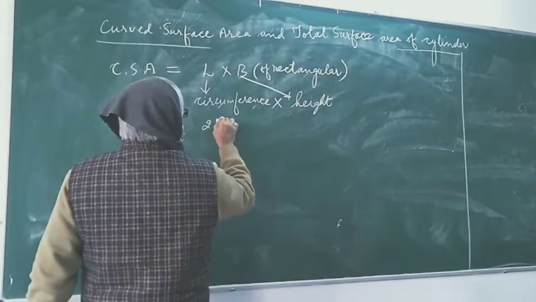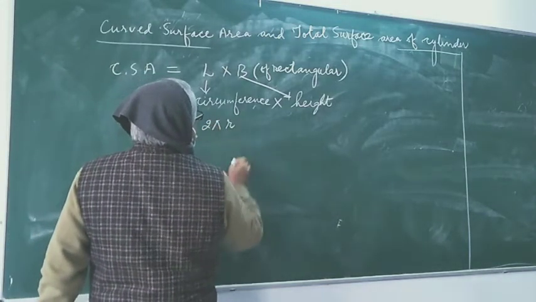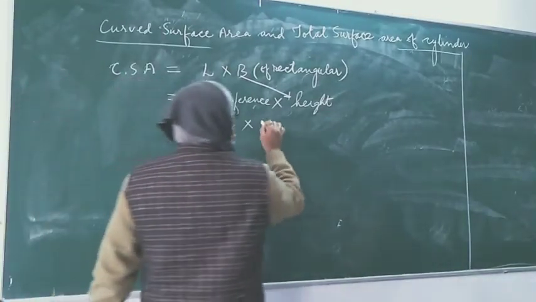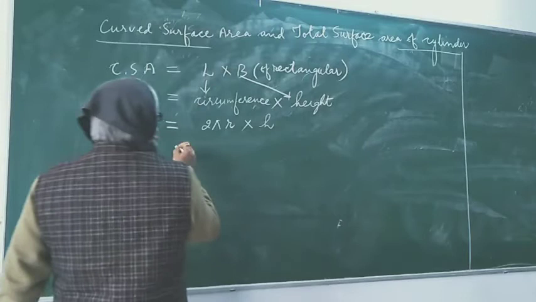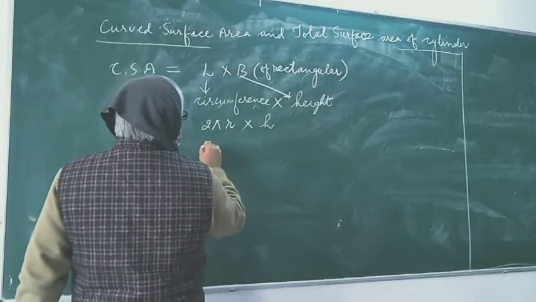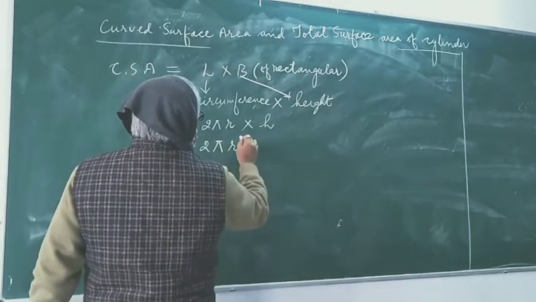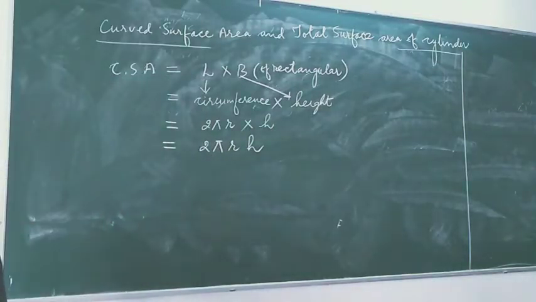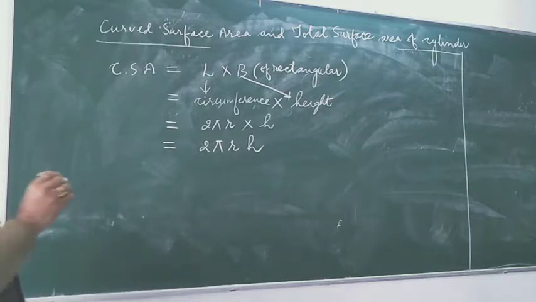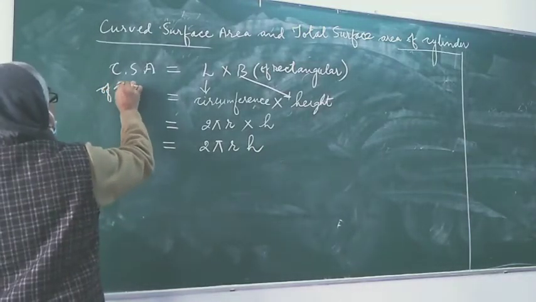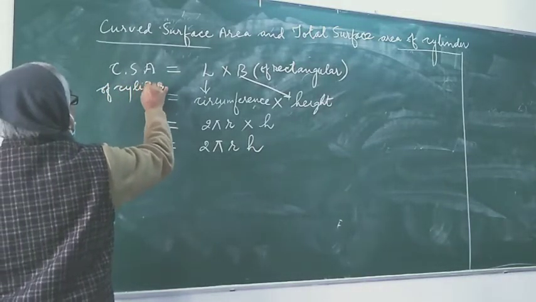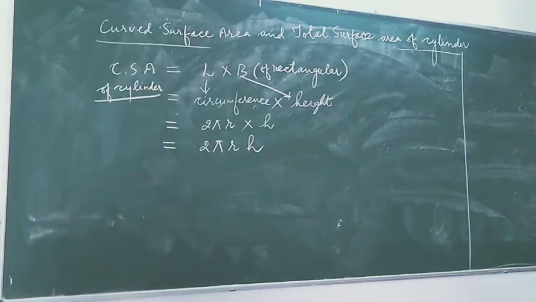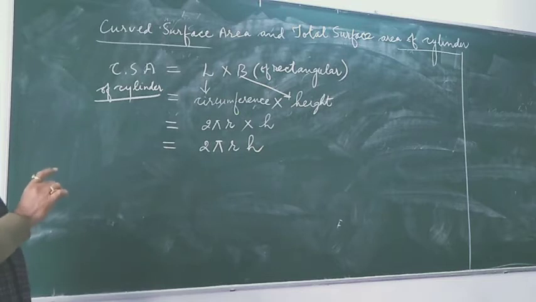This one is 2 pi r multiplied by height, h. If you simplify this, it becomes 2 pi r h. This is only the curved surface area of the cylinder, a right circular cylinder. Is it clear?